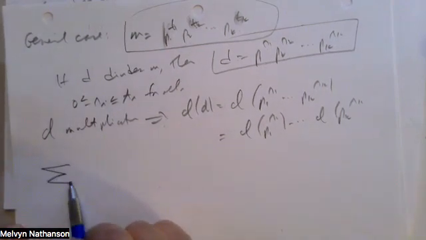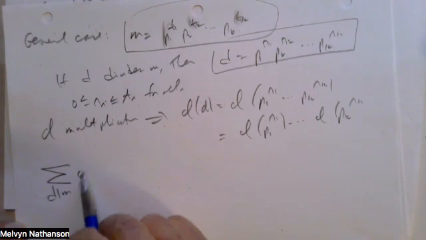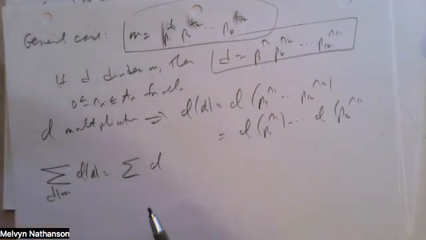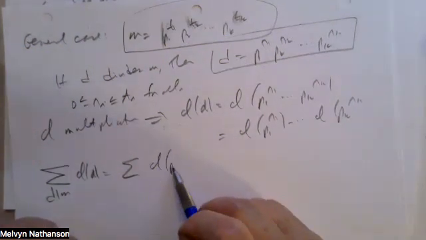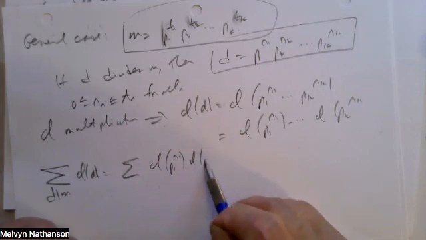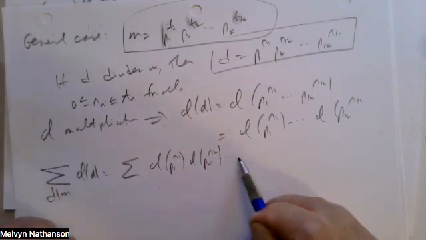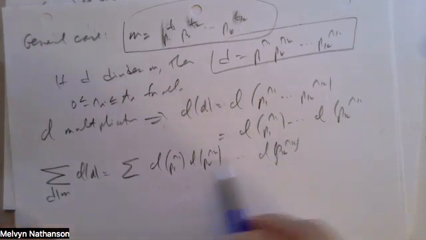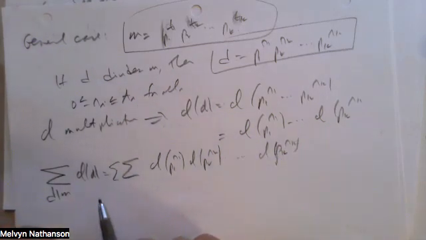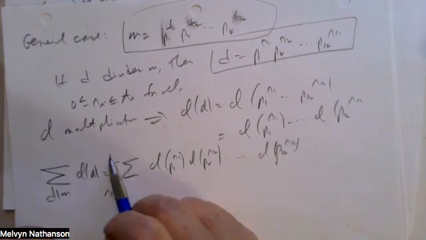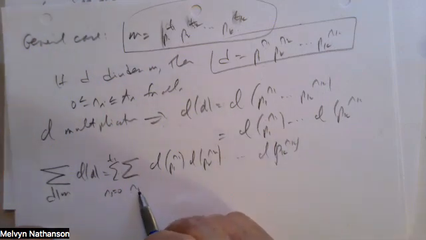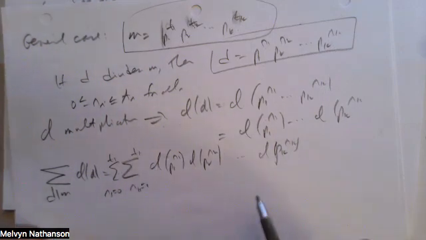So if you're taking the sum over all divisors of m, phi of d, that's a sum of numbers of this form, phi of p1 to the r1, phi of p2 to the r2, up to phi of p sub k to the r sub k, where this is a sort of multiple sum. r1 goes from 0 to t1, up to rk goes from 0 up to t sub k.